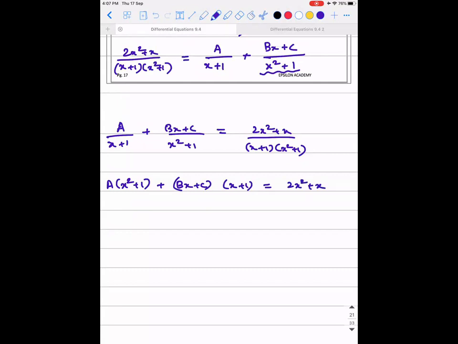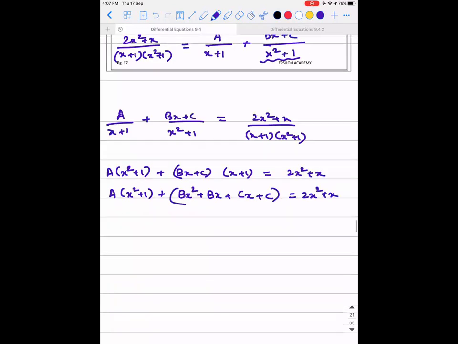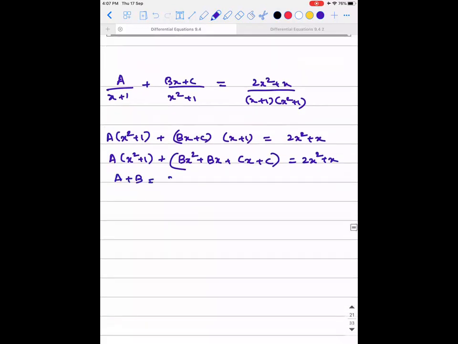Solve and tell me the values of a and b.